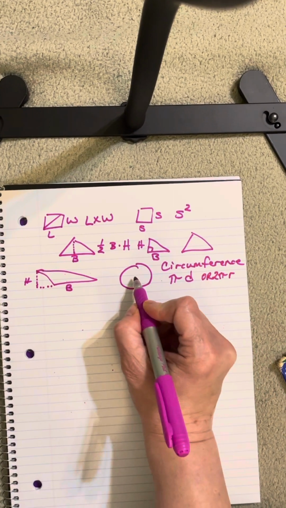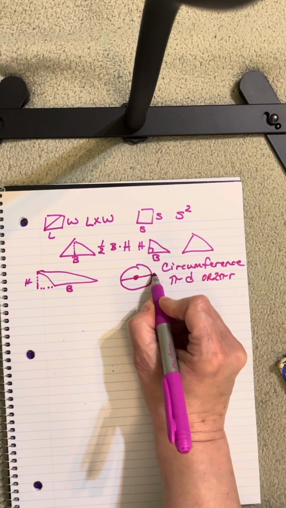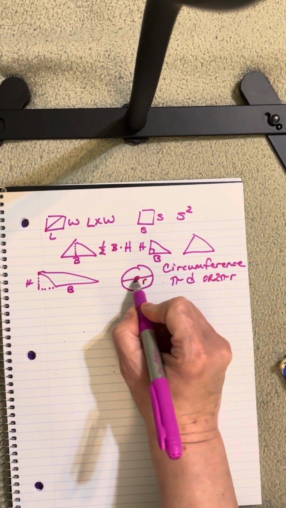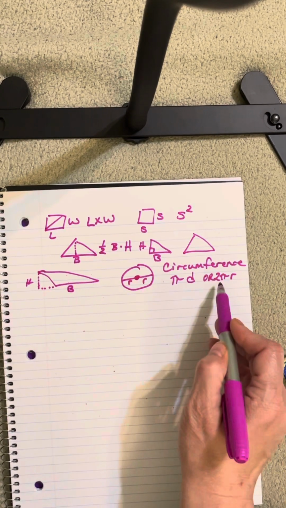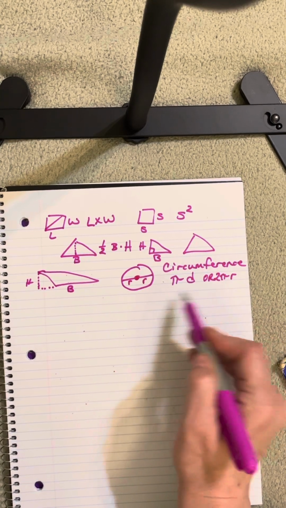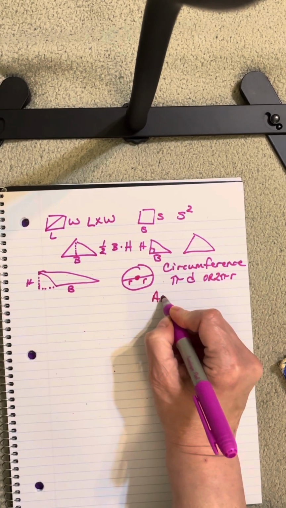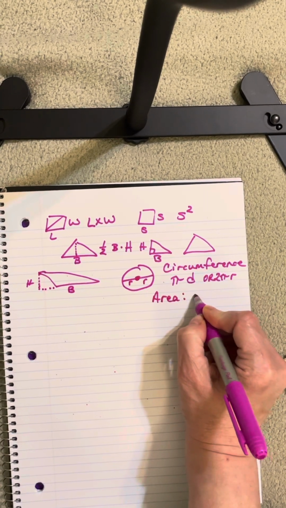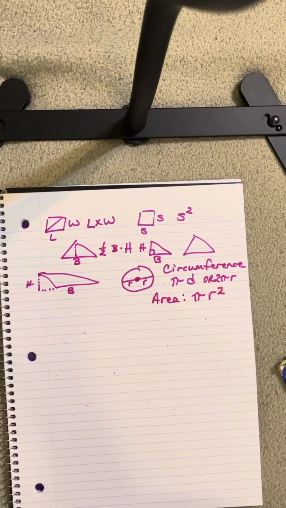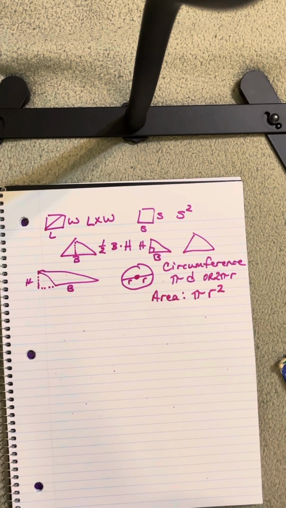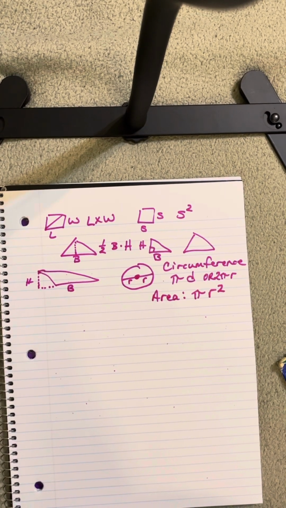The diameter is all the way across through the center, and from the center out is considered a radius, and that would be the same in this direction, so you can see why the diameter is the same as 2 radiuses, therefore it's the same formula. Now for area of a circle, you need pi times radius squared. And if you do not, for whatever reason, have those formulas memorized, you most definitely need to know them. We will use them an awful lot.